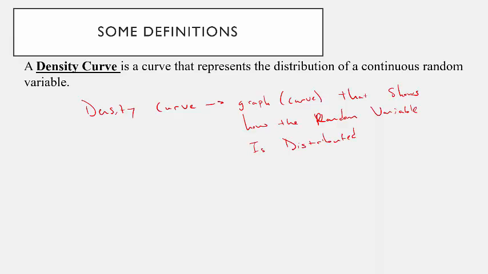If you think about it, going back when we did discrete random variables, we used a table to show the possible values of x and their corresponding probabilities. Here, instead of a table, we're going to use this concept, what we call a density curve.